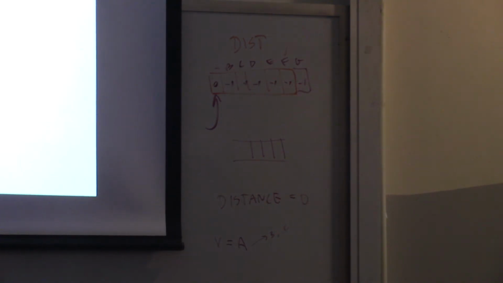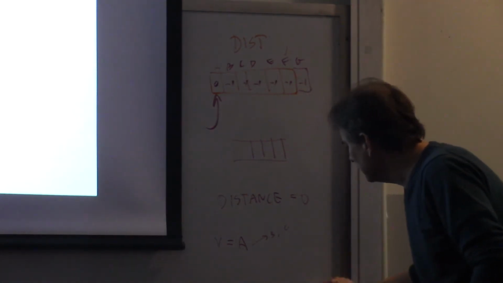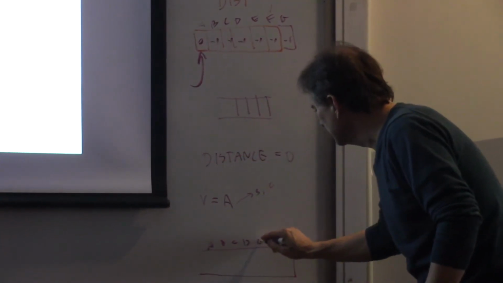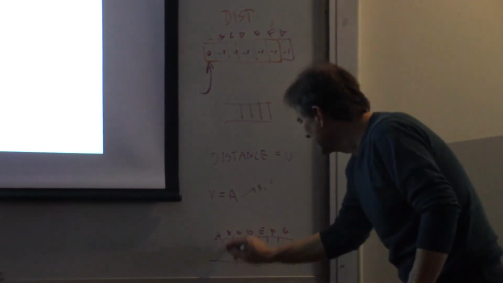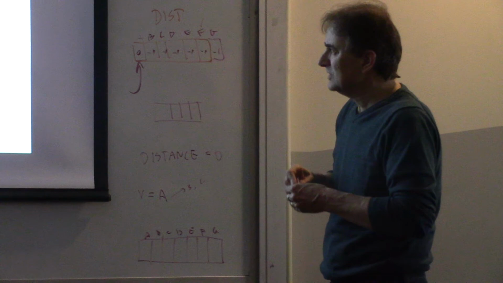Now, pred is another important vector. So dist is an important vector, pred is another important vector. So we'll have another vector: A, B, C, D, E, F, G. If W has not been visited, has W been visited?